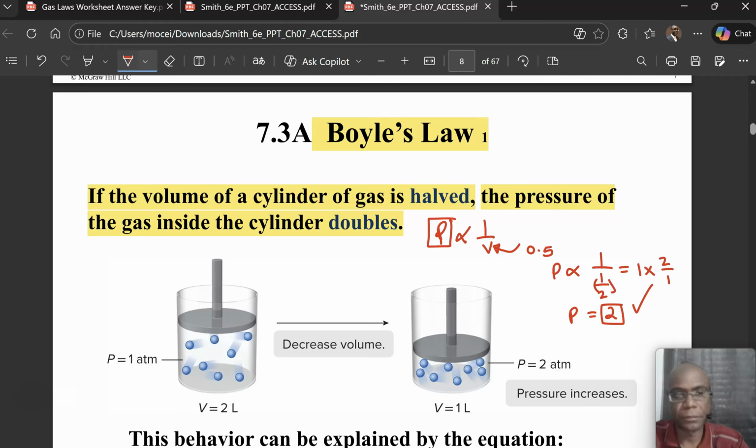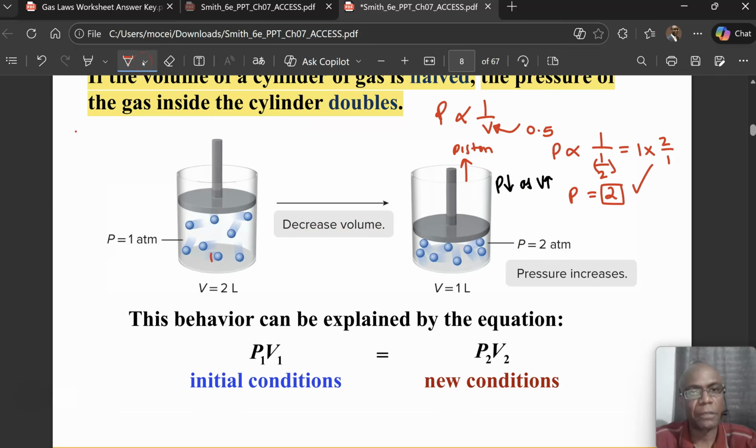Pressure will double. Suppose you have a setup where you have a cylinder with a piston in it. So if you apply pressure, meaning you push this down, force it down, force per unit area is pressure, that means that you are increasing pressure, increasing P going downwards.